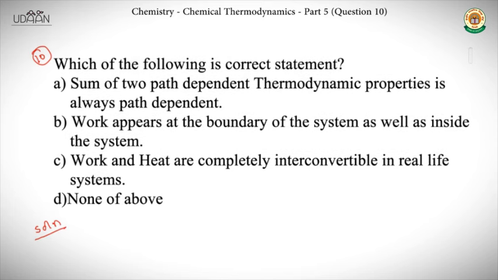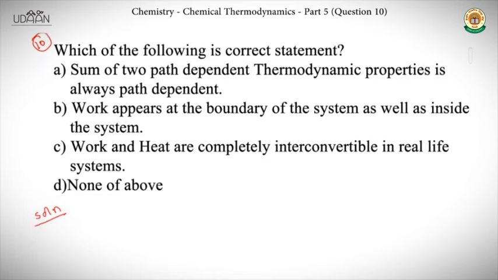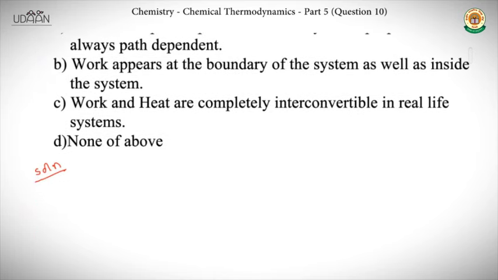First, option A: sum of two path dependent thermodynamic properties is always path dependent. Let us check. Suppose we have the equation delta Q equals delta U plus delta W, or delta U equals delta Q minus delta W. What is work?